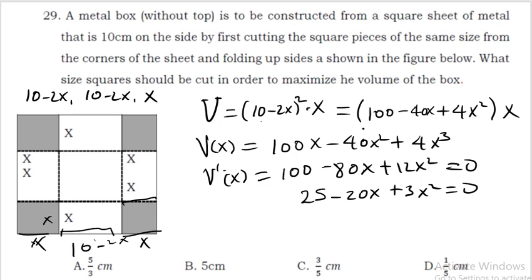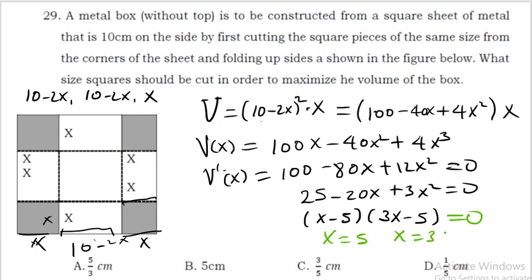The factorized form will be x minus 5 and 3x minus 5. You can check it. When you make it equal to 0, we can find the critical numbers. That means x is equal to 5 and x is equal to 5 over 3, sorry. Okay, this is 5 over 3.